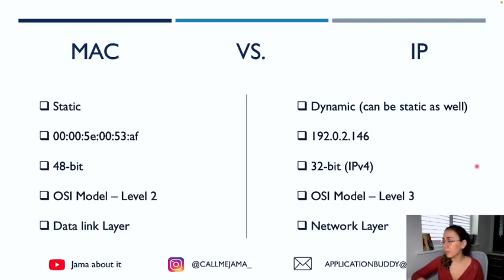And in case of the IP address, each part before the dot is 8-bit as well. We divide the 48 by 6 pairs, and in the second case we divide the 32 by 4, and the answer is 8. So also MAC address, as I said, is related to the physical part, so it's still not on the networking, the third level, it's on the second level, data link layer.